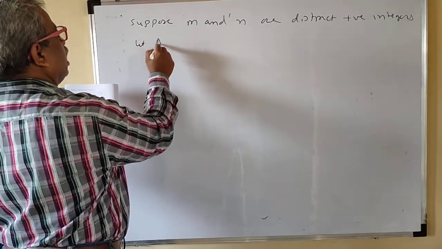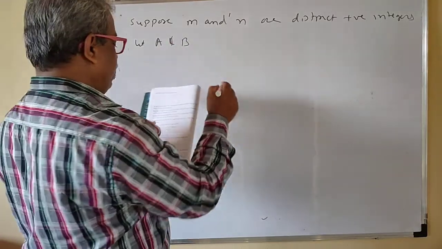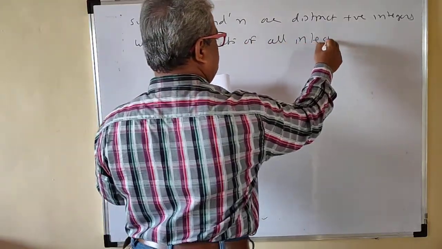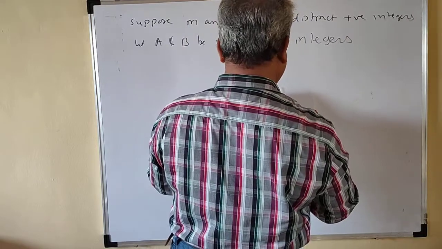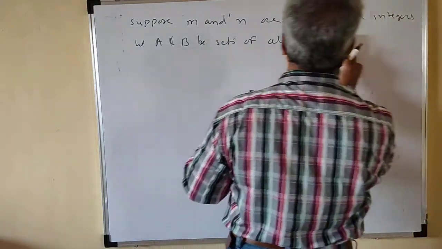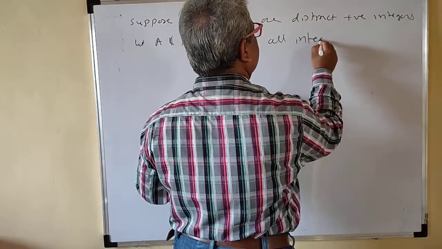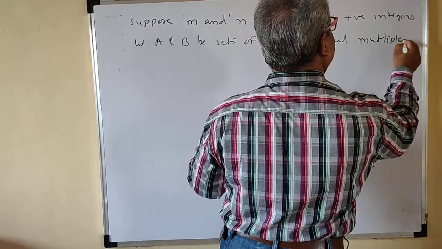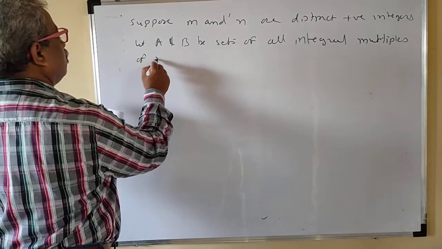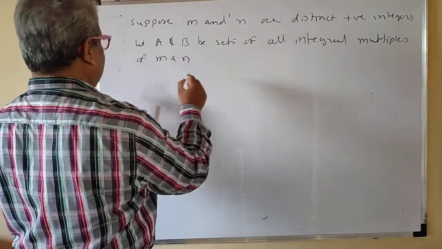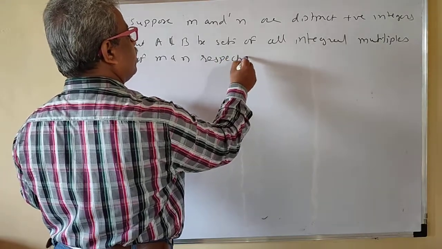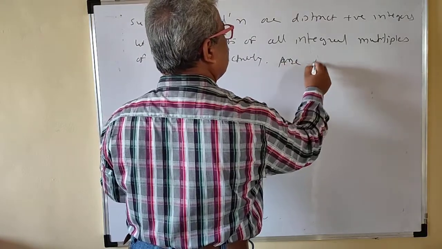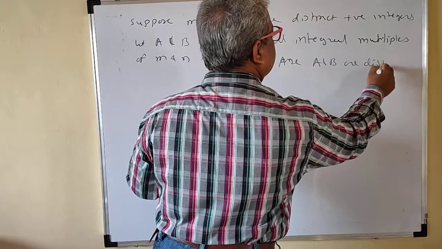Let A and B be the sets of all integers that are integral multiples of m and n respectively. Show that A and B are disjoint.